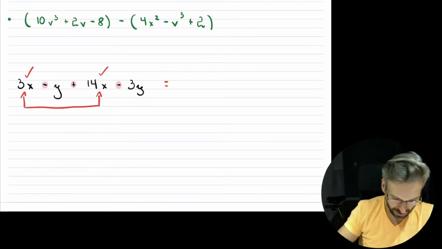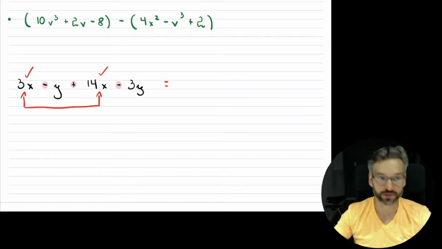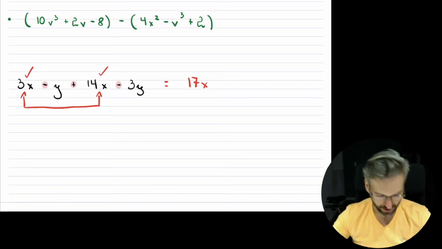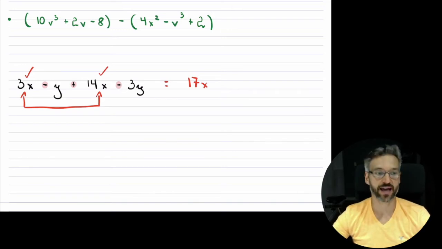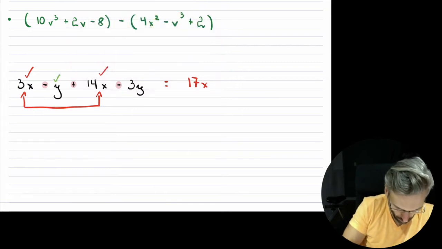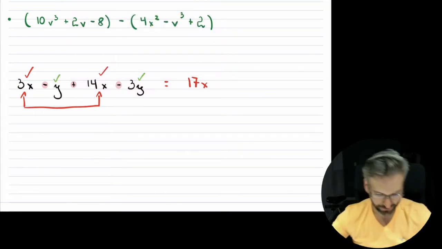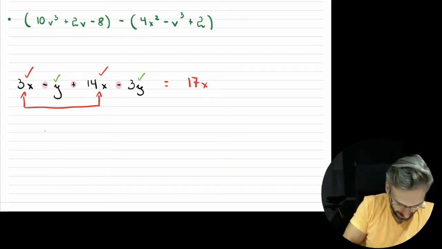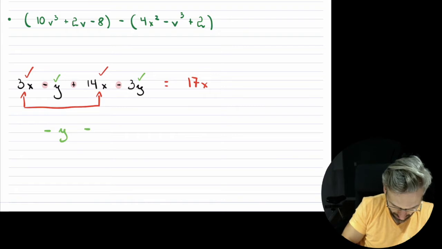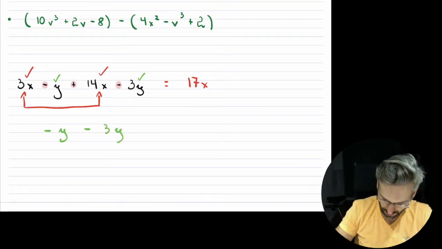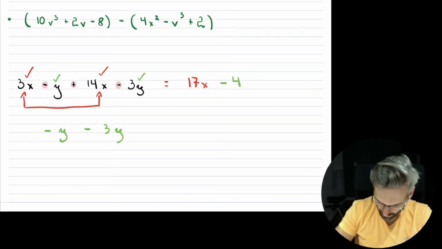What that's going to be is 3 plus that 14, which becomes 17, and the variable stays the same, so that's 17x. Now, the other ones that I can collect: notice that you have a y and then a 3y, but be careful because of the signs. We have negative y and then negative 3y, or subtracting 3y. So that's going to be negative 4, or minus 4y.